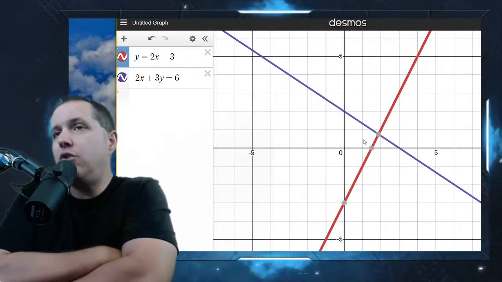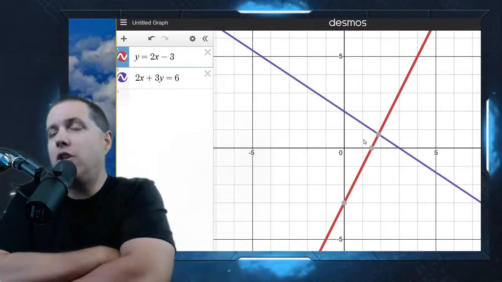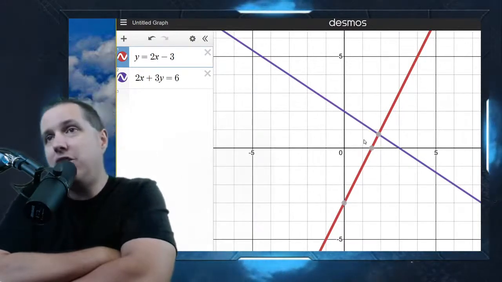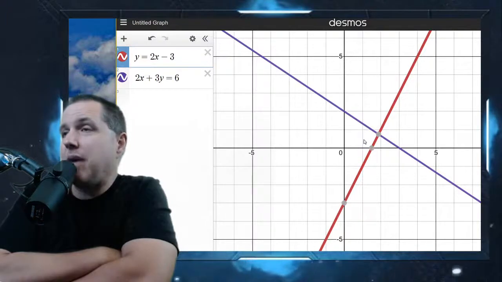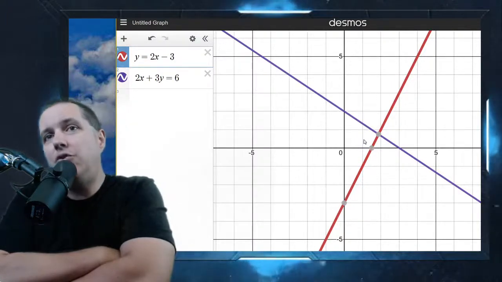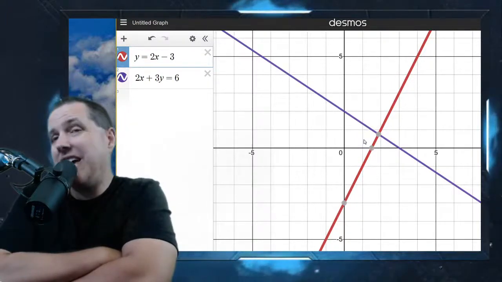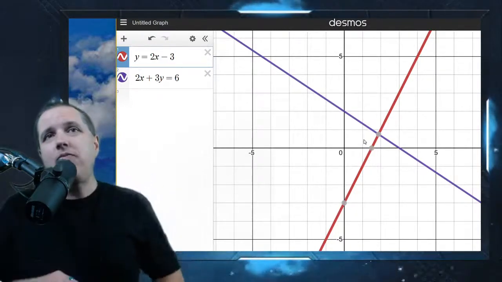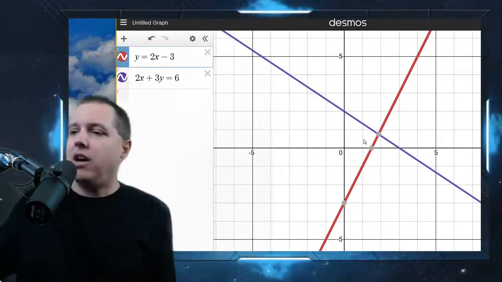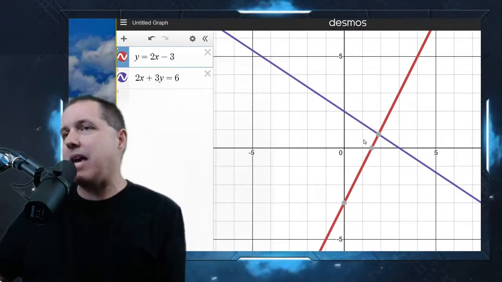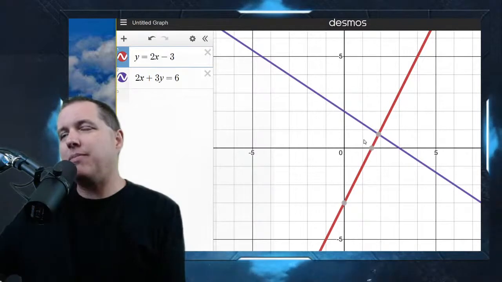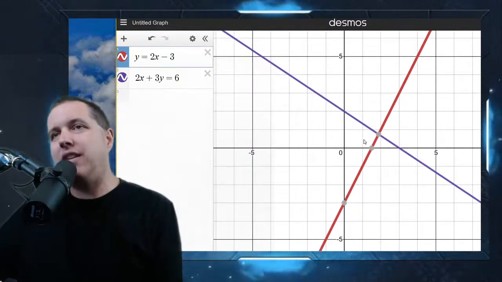Plus, the tools that you use in substitution, you're going to use in other areas of mathematics. The tools that you learn in the elimination method, you're going to use in other areas of mathematics. So it's kind of helping you get used to some concepts, which you're going to see again and again. So you might as well be good with them. Like most of the time, when I'm teaching a topic in mathematics, if there's usually multiple ways of doing something, I always like to just teach the one that I think is the best.